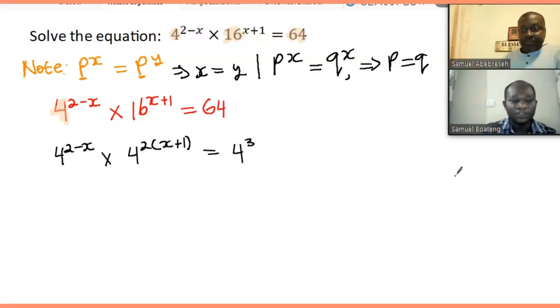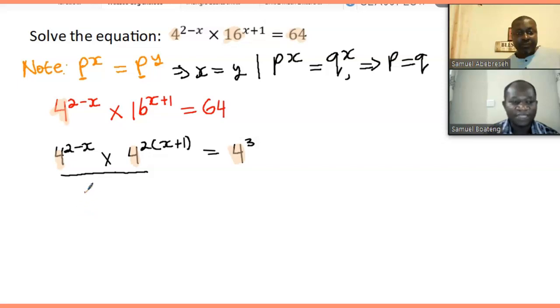Now, someone can also express all of them in terms of 2, but let's use this one. On the left-hand side, according to the laws of indices, if the bases are the same and they are multiplied, you add the exponents.